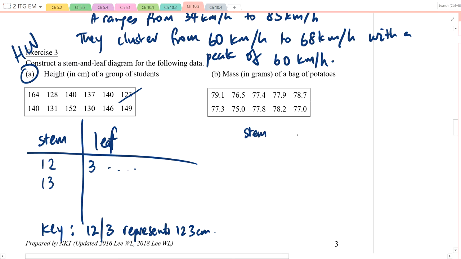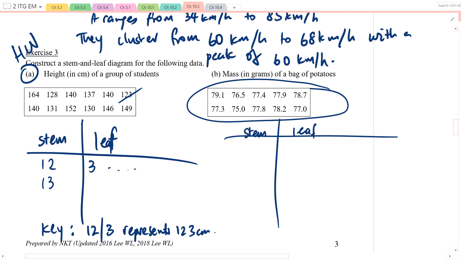Stem, leaf. Okay, again, our leaf will be the last digit. Our stem will be everything else. The difference between this data set and everything else, what is the difference? Yeah, there's a decimal. So how are we going to deal with it?